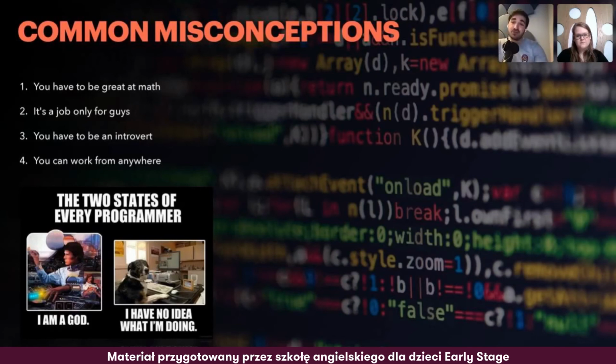But if you're an extrovert and you want to pursue a career in IT, you can always find yourself, maybe as a project manager, or someone else who can be in between the two worlds. So you don't have to be a hardcore developer closed somewhere in the basement with no light. And the last one is you can work from anywhere.